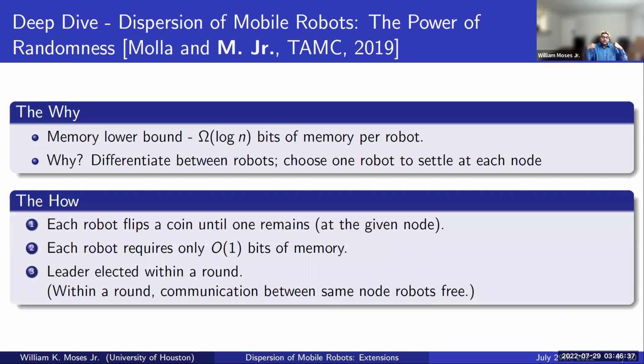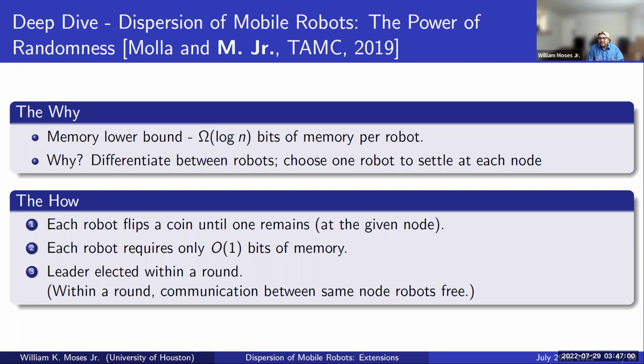The way we use randomness in this paper is to break symmetry. Essentially, when you have a bunch of robots at a given node, you have all of them flip a coin, such that those robots that land heads can continue to participate, and those that land tails are not chosen.